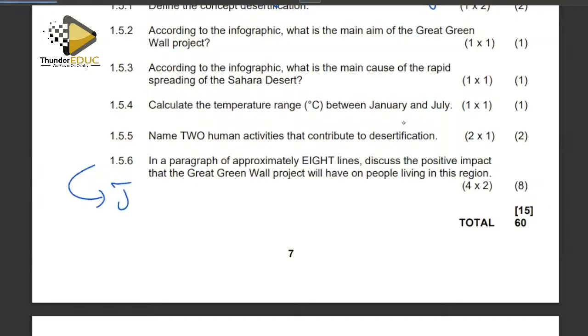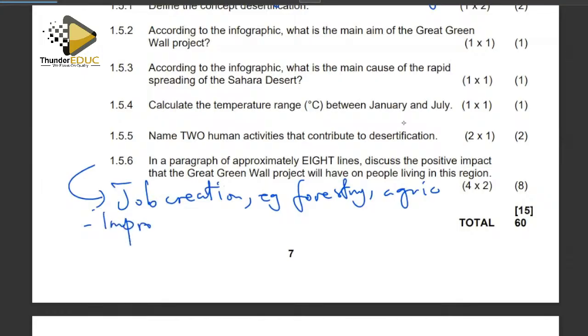Right, we can argue that there's going to be job creation. People are going to get jobs, e.g. in forestry or in agriculture. People are going to get gainful employment. So it's going to be beneficial for the people. And besides job creation, we can also look at improved livelihoods.